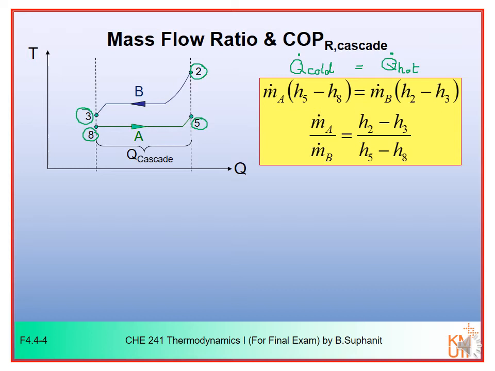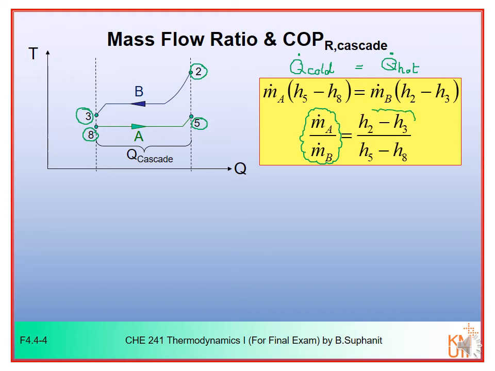So you can see that the enthalpy change on each side are not equal. h5 minus h8 is not equal to h2 minus h3. So it means that the mass flow rate in both cycles must be different. It means that mA and mB are not equal.